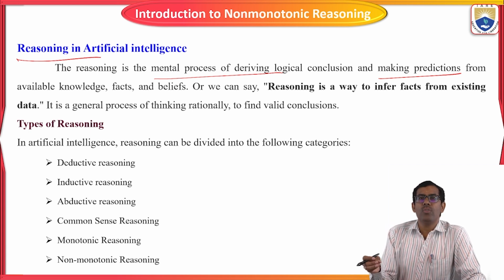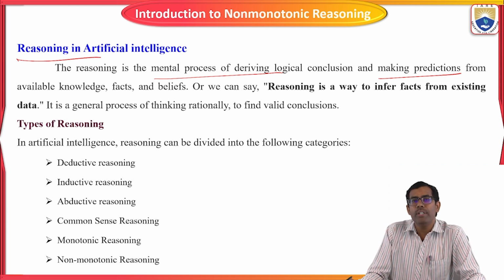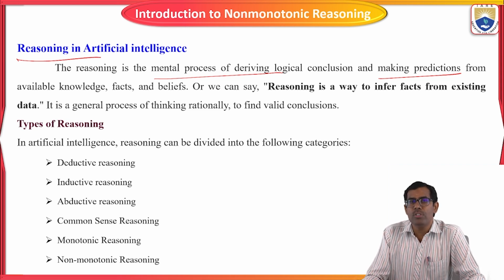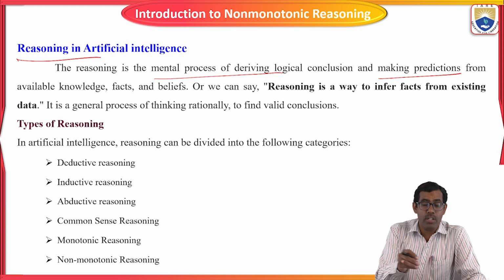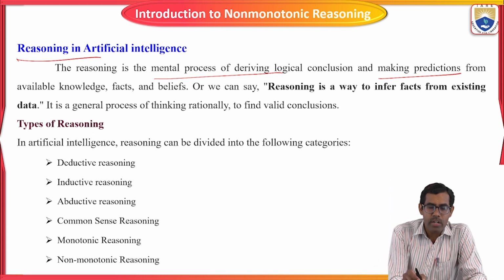In that, we make some predictions. We collect a number of inputs based on the problem statement, then make a decision based on the collected input, that is, based on our knowledge of fact and belief.